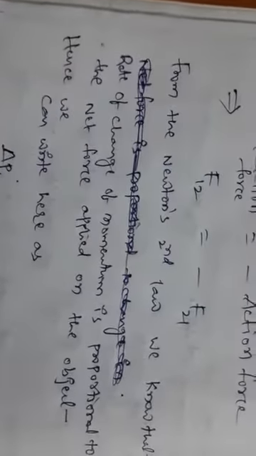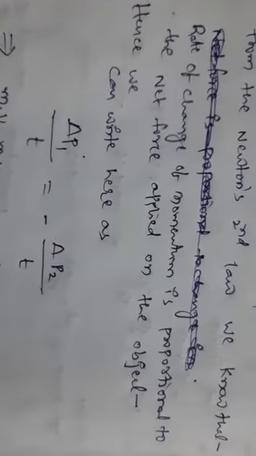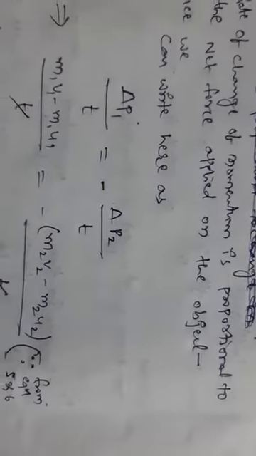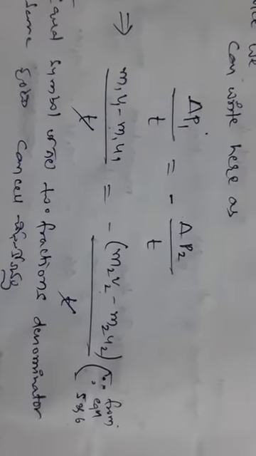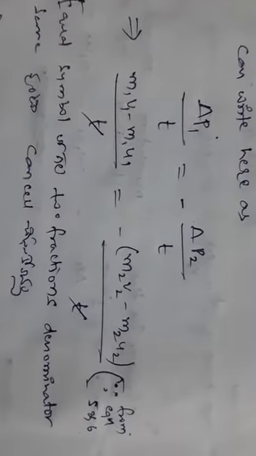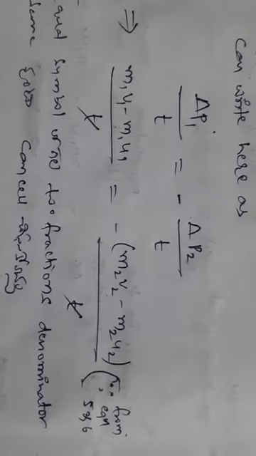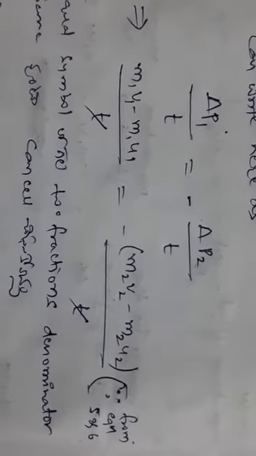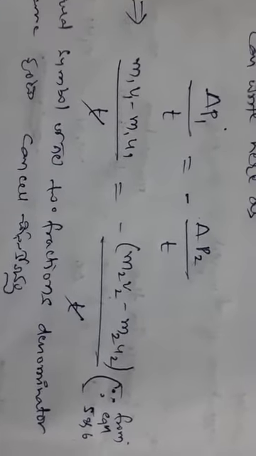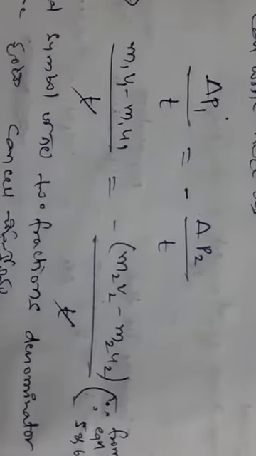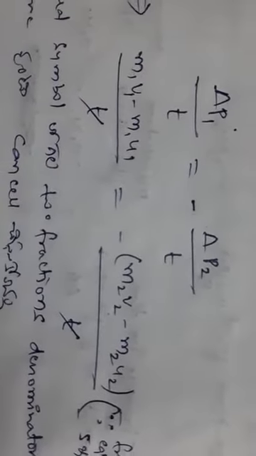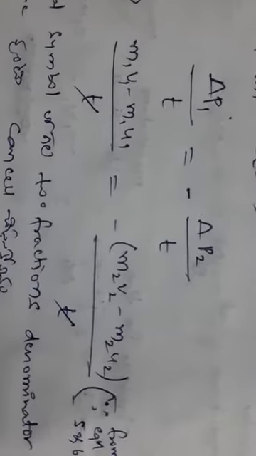So instead of F12 we are writing delta p1 by t, and instead of F21 we are writing delta p2 by t. Already we know about delta p1. The triangle means delta, and delta means change in physics. Delta p1 is equal to m1 v1 minus m1 u1.